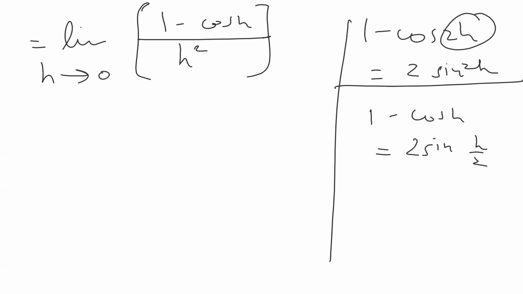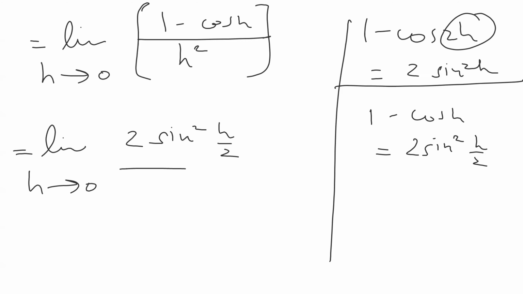So this will be the limit, h approaching 0, of 2 sine square h by 2 upon h square. Now we have a square in the numerator and a square in the denominator, which is good for the sine terms. So we'll group this square, and 2 remains as it is.